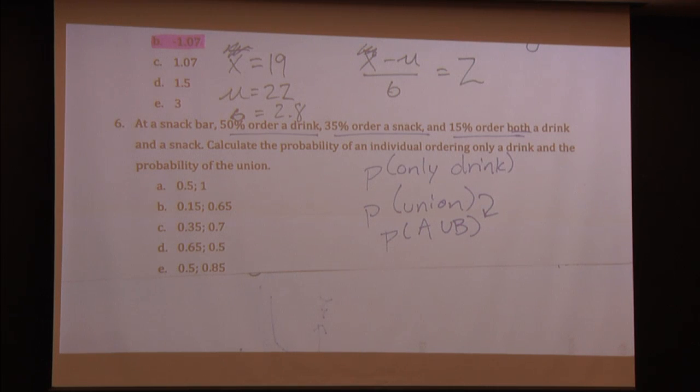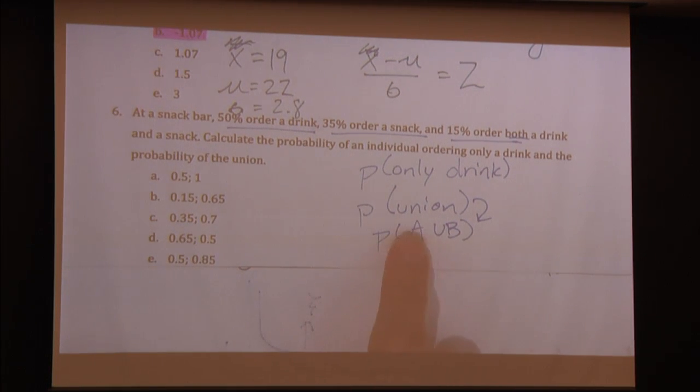Looks sort of like an N, like in and. So what does it mean, union? What's the definition of a union in terms of probability?